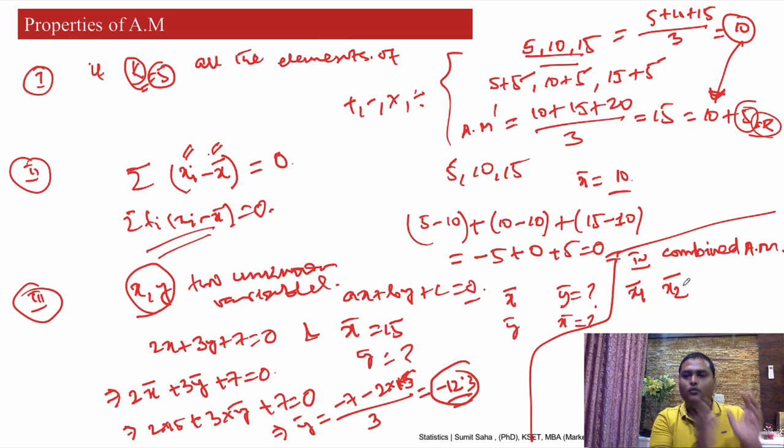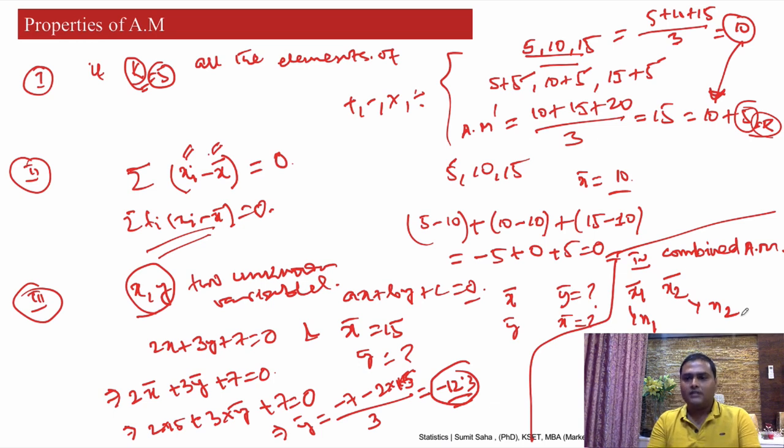It is given for two sets of data, right? In x1 there were n1 numbers, and the arithmetic mean of those n1 numbers is x1 bar, and there are n2 numbers in another set of data wherein x2 bar is given.